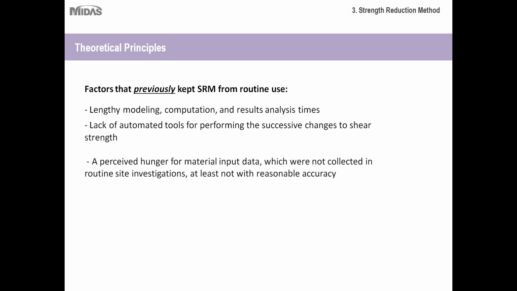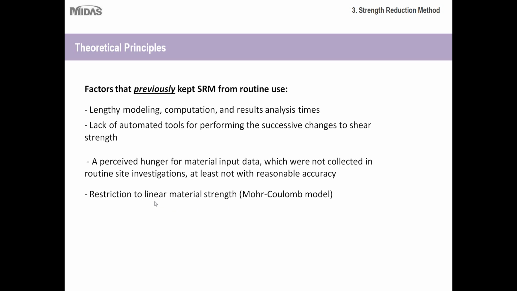So previously, when the limit equilibrium method was still the only real, legitimate or realistic option to use for slope stability analysis, the other material input data, such as modulus of elasticity, weren't really collected regularly, so engineers had a hard time finding the data that they needed in order to perform the strength reduction method. Obviously, now the situation has changed. It's very easy, in the age that we live in now, to get that sort of information about your site.